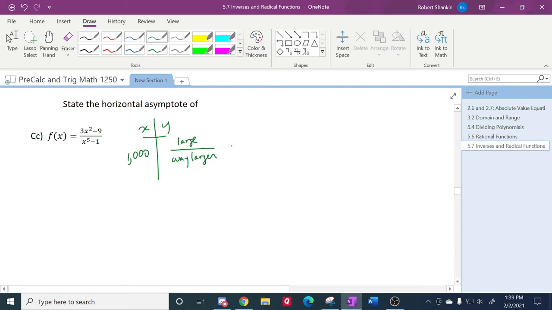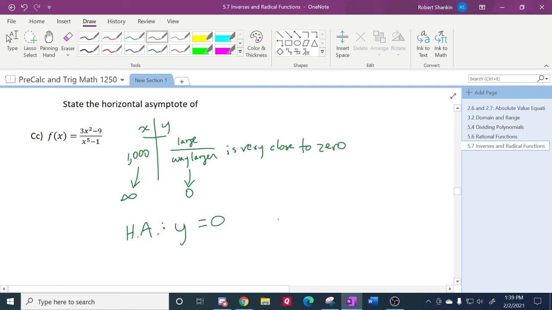So you're going to get something really close to 0. And as this goes towards infinity, the more and more this is going to go towards 0. So the horizontal asymptote, once again, is y equals 0.